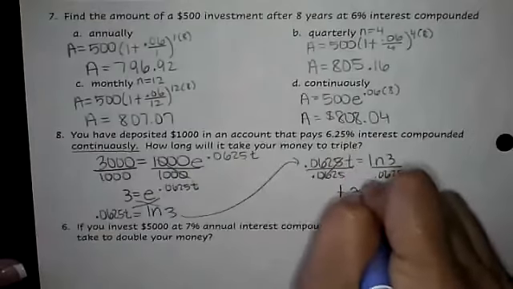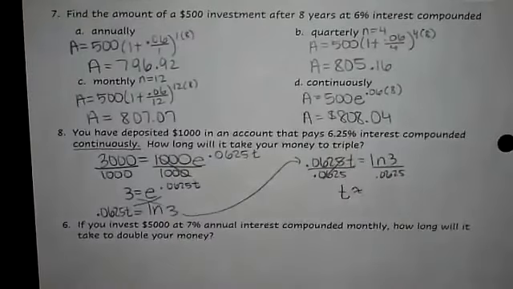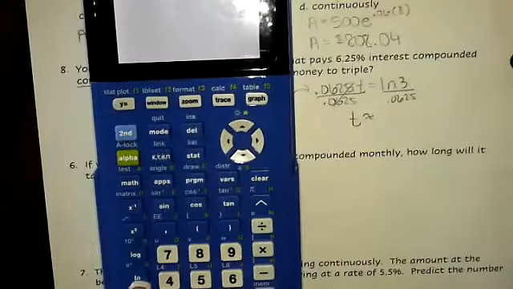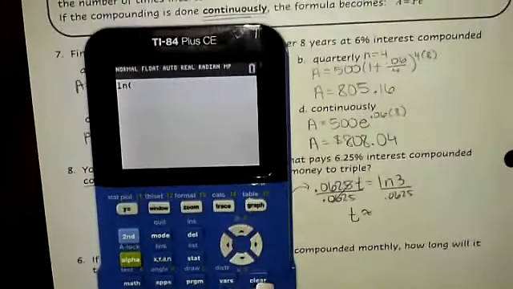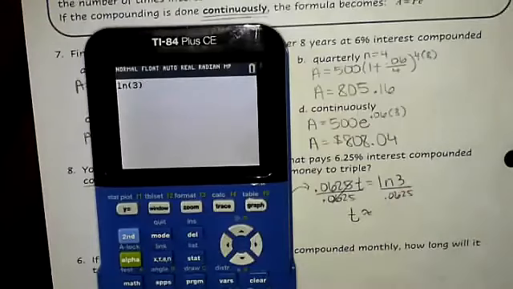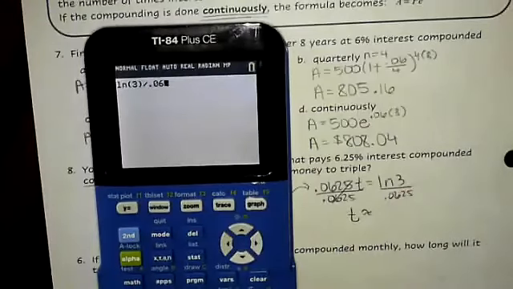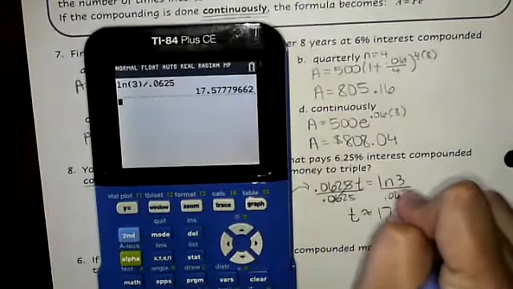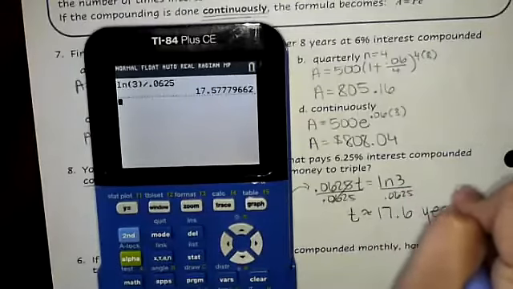And so t is approximately, to put that in the calculator, we hit the natural log, which is that ln button to the left of 4. That's our natural log of 3. I make sure I close my parentheses because that's where the argument is going to end. And then I divide by 0.0625. And so t would be 17.6 years.